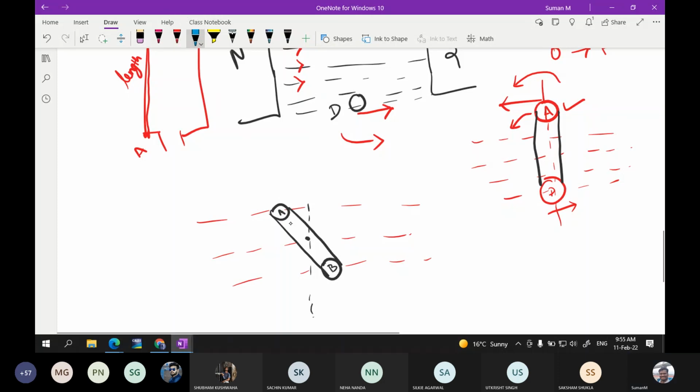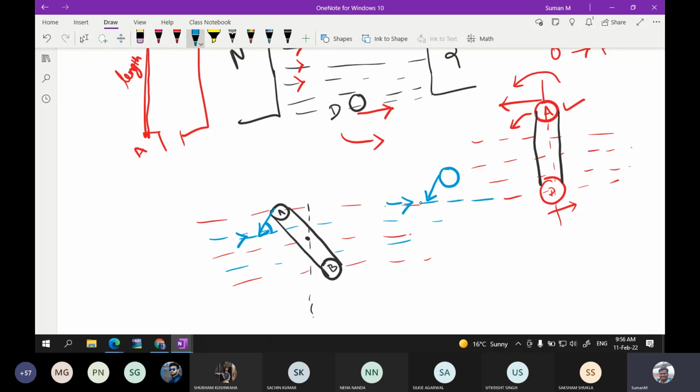Now this is the magnetic field. The magnetic field is already there. This is the direction of velocity and there is a magnetic field. There is an angle between these two, right? Its velocity is like this, and the magnetic field direction is like this.